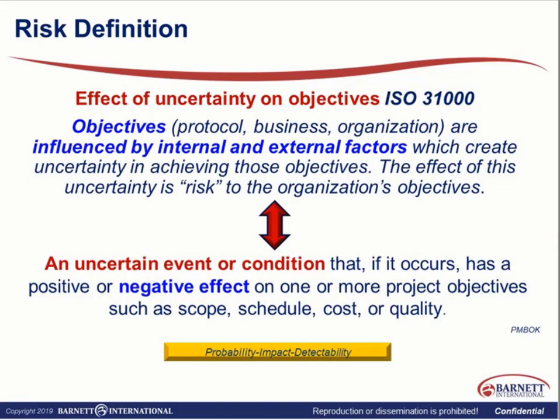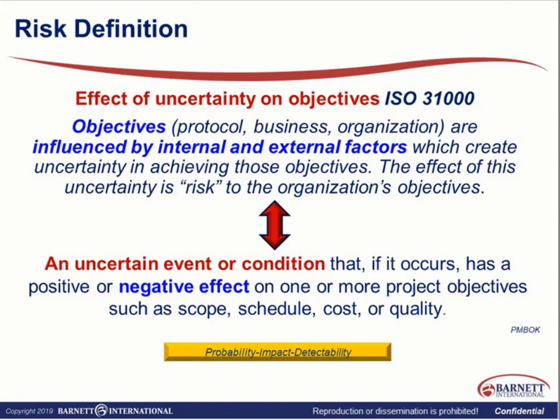So we're starting to see that we could have issues, problems, or uncertainty. And when we look at the definition of risk, we can go to both the Project Management Body of Knowledge as well as looking at ISO 31000. We can see that risk is defined as an effect of uncertainty on objectives.